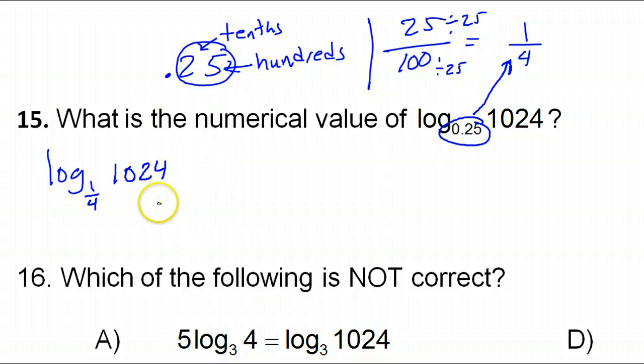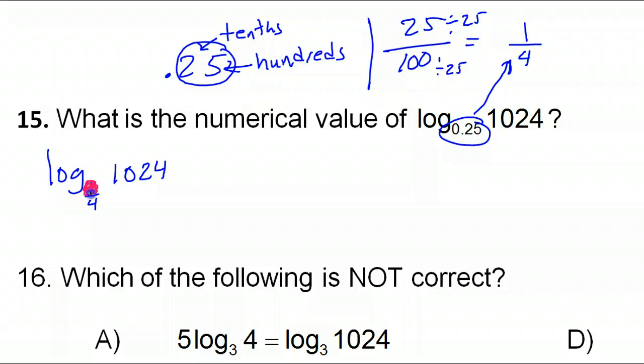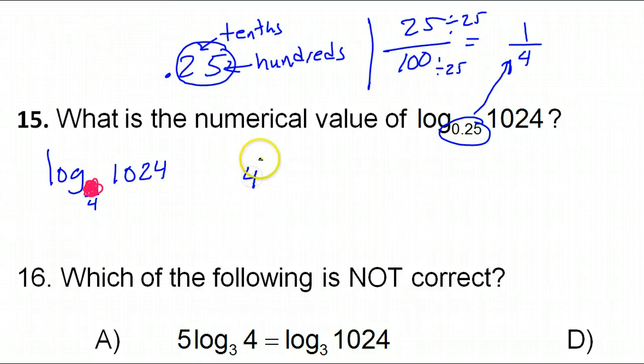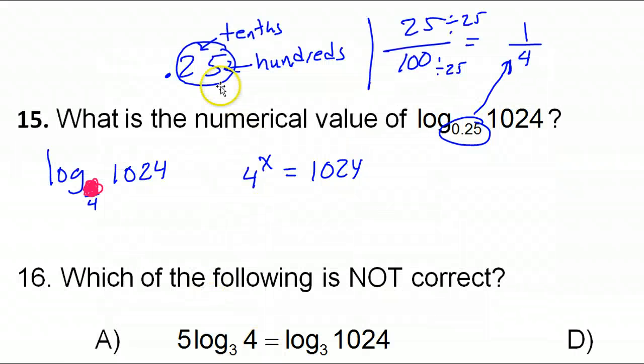So we worked several problems like this on the other page. So once again, one way to do it is to disregard this 1 for a moment and then just ask yourself, 4 to the what power is going to give me 1024. So looking at the chart, 4 to the 5th power is 1024. Okay, so far that would mean that the answer is 5. But it's not a 4. It's really 1/4.